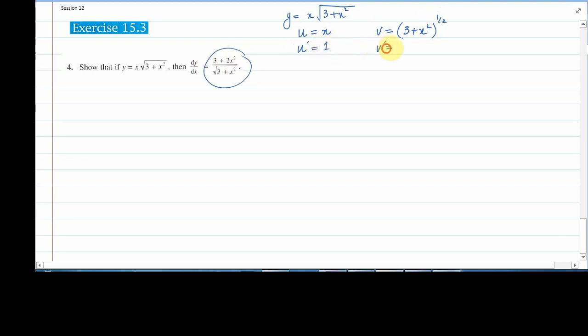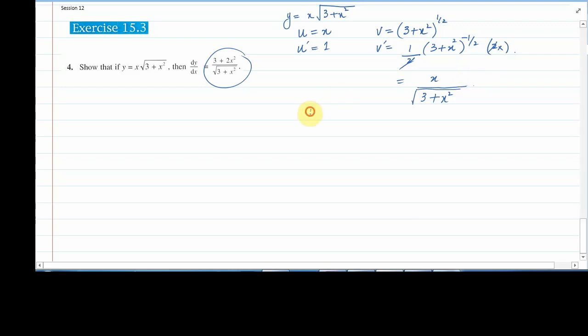The derivative of v is, first you need to write down the power 1 upon 2, subtract 1 from the power, so 3 plus x square, 1 upon 2 minus 1, it's minus 1 upon 2, and then the derivative of that function, so it's 2x. 2 and 2 cancel, so the leftover part is x, and this negative power, when you shift in the denominator, it will be 3 plus x square. 1 upon 2 power means under root sign. Alright, so you had to find u, v, u dash, v dash, and now we need to apply the working formula.